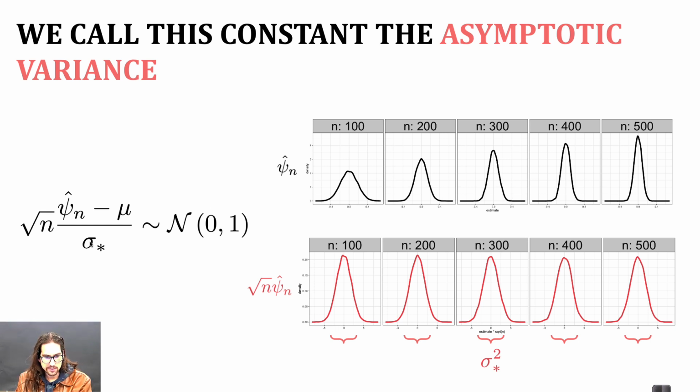All this says is that this estimator has a sampling distribution that, as you increase the number of data points, looks more and more normal, and that sampling distribution is shrinking down. But there's some constant where, if you blow it up by that constant, which happens to be root n, then you get this sampling distribution with constant variance that we call the asymptotic sampling variance.